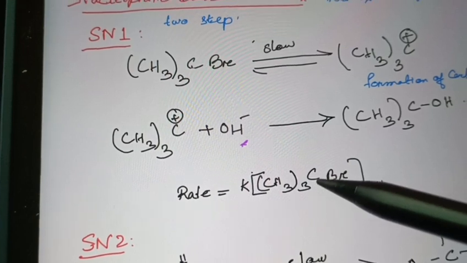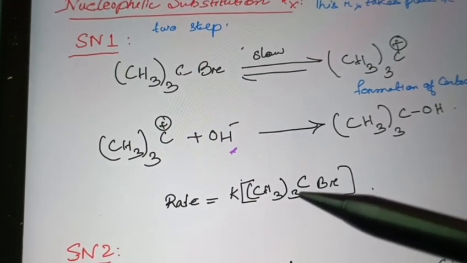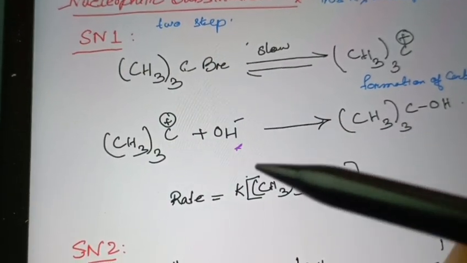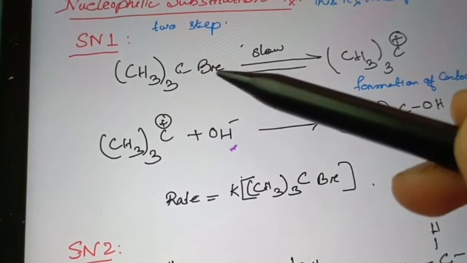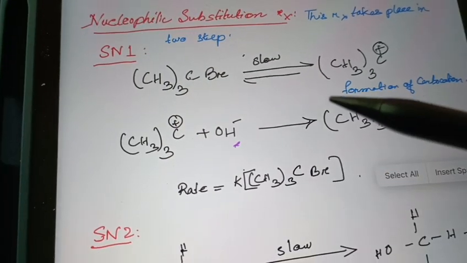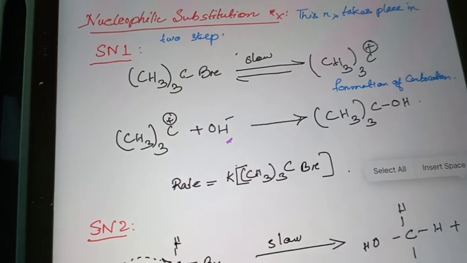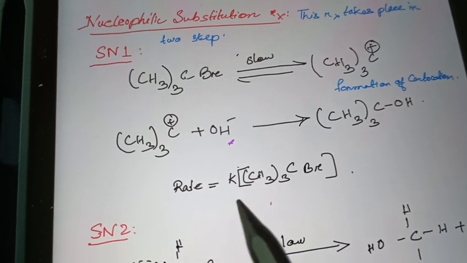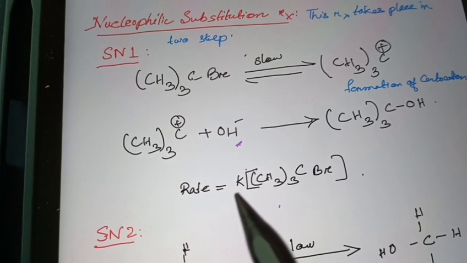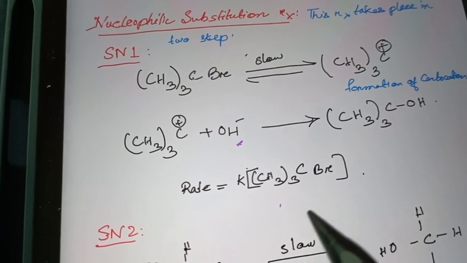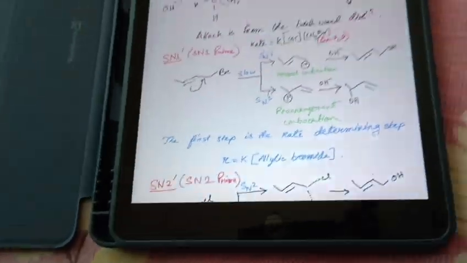So this is a unimolecular reaction. Why? Because in this case the rate determining step, that is the slowest step, is the first step. And you can see here rate is equal to K, that is the rate constant, times the concentration of the reactant.